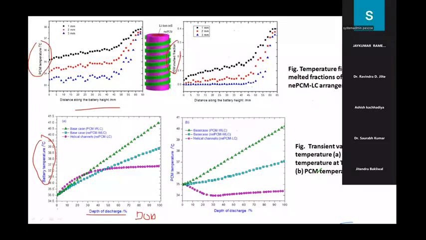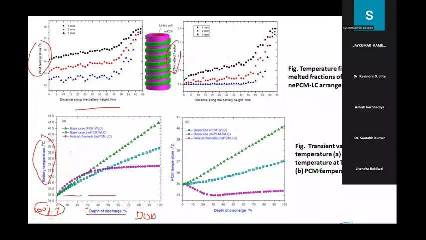If DOD is 0%, it means 100% charge. If the depth of discharge is 30, it means the charge now available is 70% and the discharge is 30.